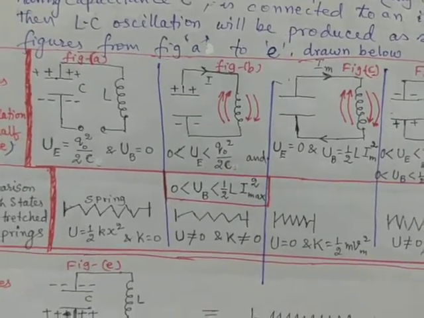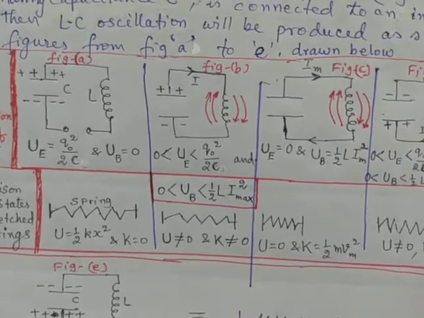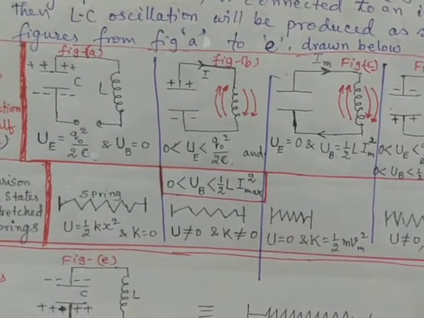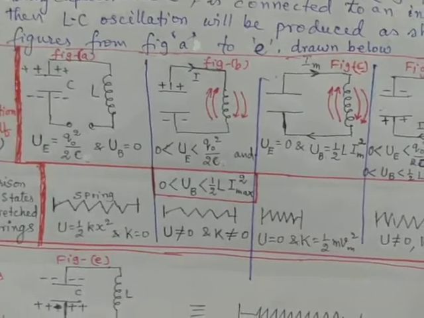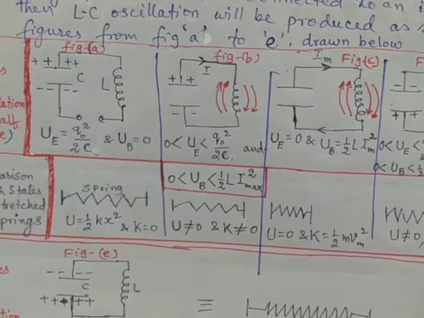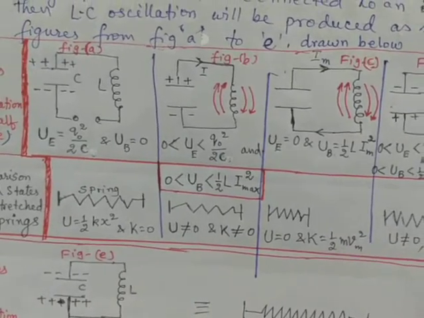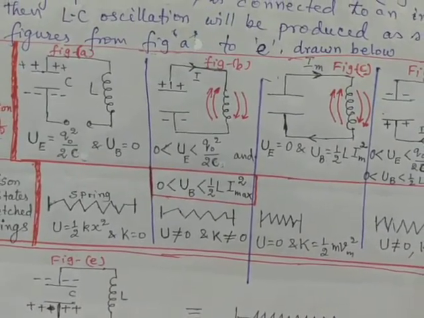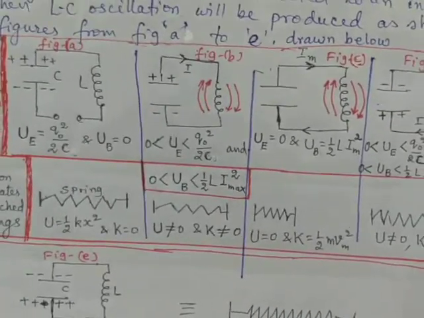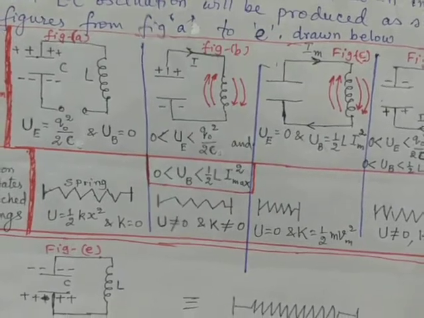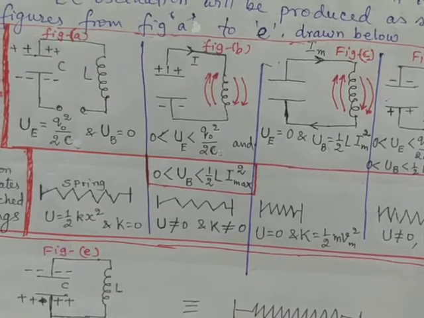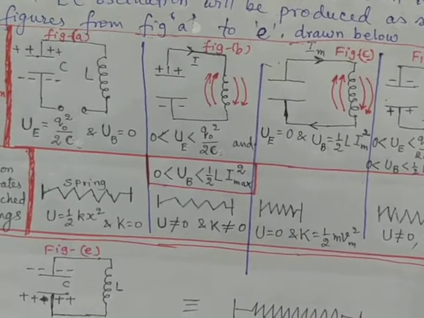Due to this, magnetism is produced in the inductance coil, and this causes sharing of energy in the form of electrical energy and magnetic energy. So total energy in this case remains constant.